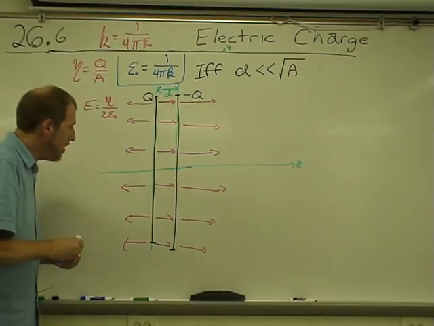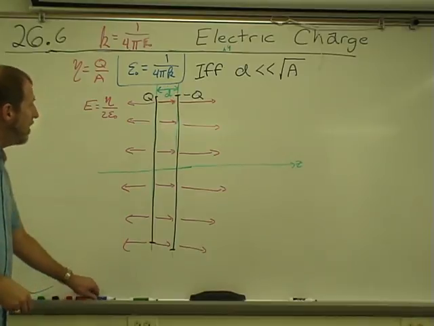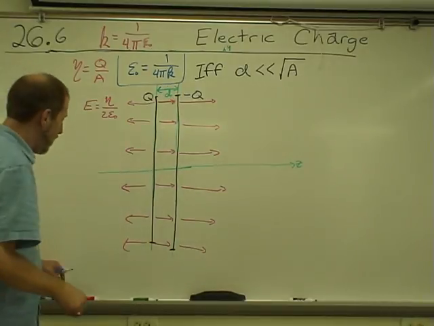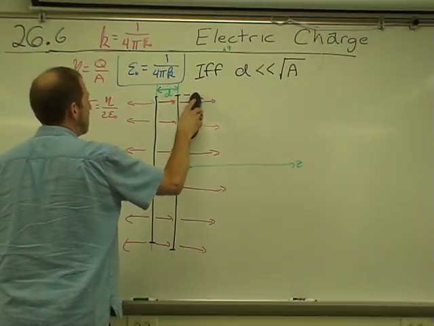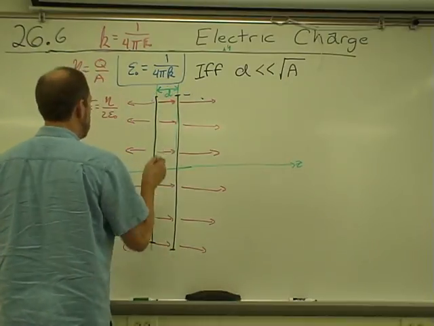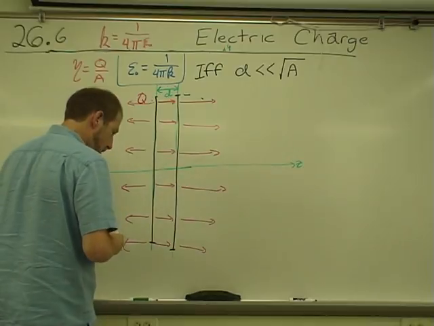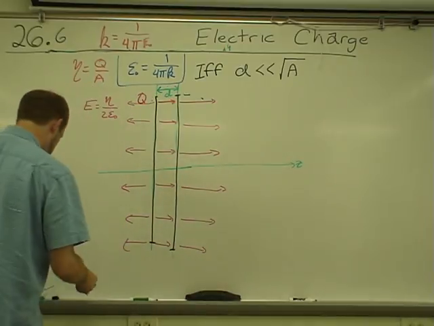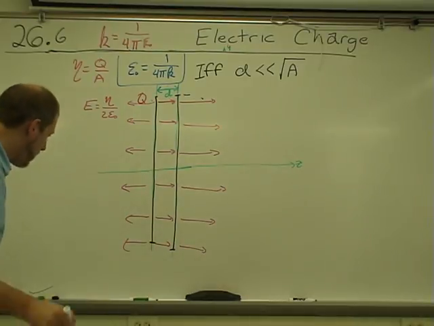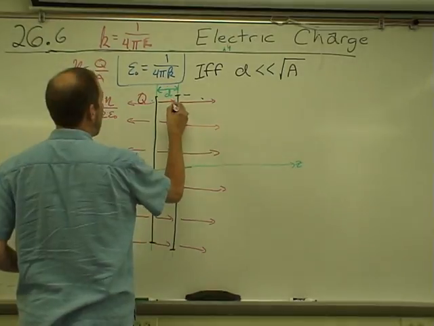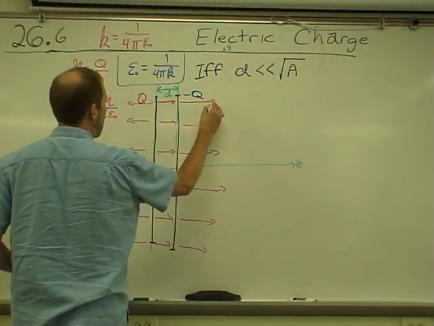Now, if I draw the electric field lines for this negative charge, they are going to be radially inward.